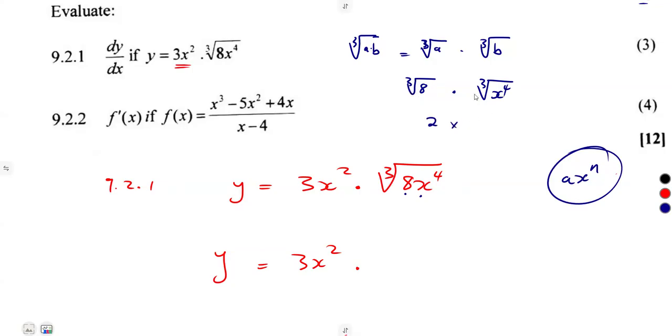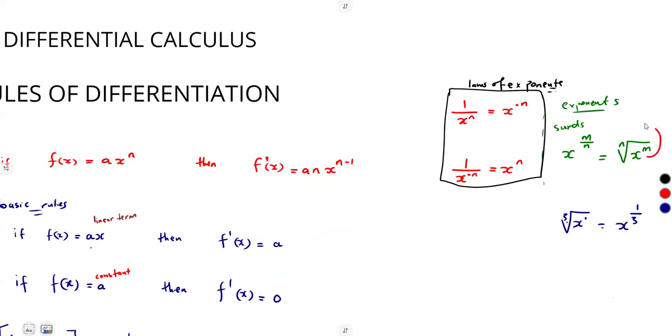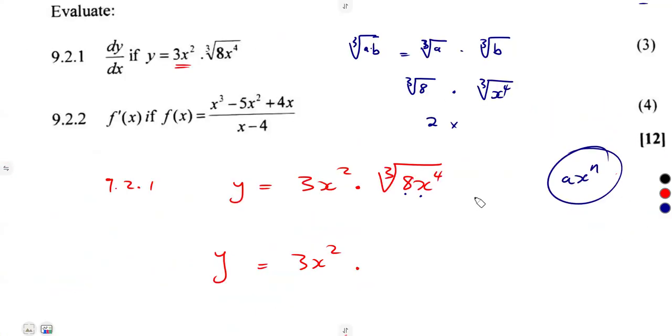Then you're going to multiply to the cube root of x to the exponent of 4. Remember, guys, that the power in our case is going to be our numerator. The number in the root is our denominator. So it is going to be 4 over 3.